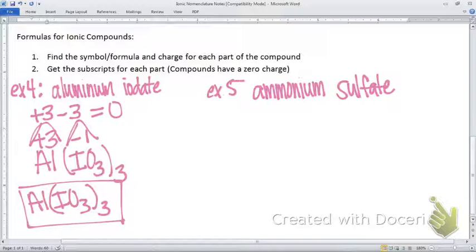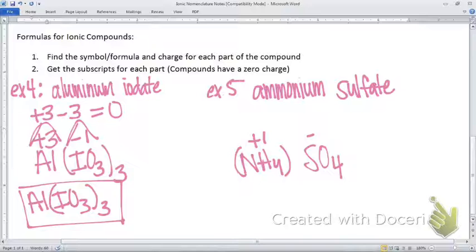Now let's look at ammonium sulfate. Ammonium is the polyatomic ion NH4. It has a positive 1 charge. It's a polyatomic ion, so I want you guys to put it in parentheses. Sulfate, also a polyatomic ion, is SO4 with a negative 2 charge. We're going to put that polyatomic ion in parentheses.